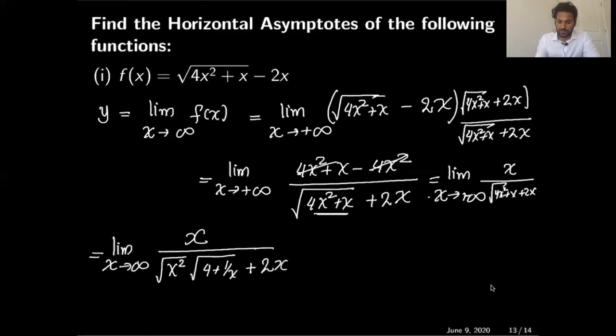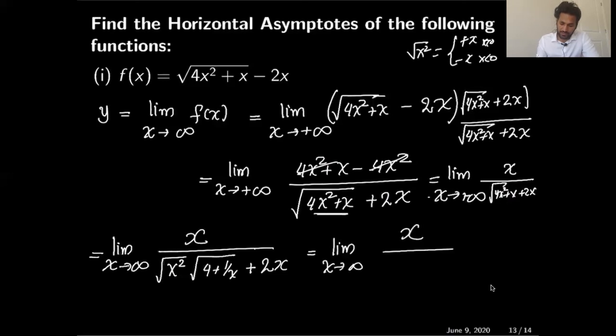So we know that the square root of x squared is plus x if x is positive, or minus x if x is negative. Since my x is positive, this will give me the limit as x approaches infinity of x divided by x times the square root of 4 plus 1 over x, plus 2x.